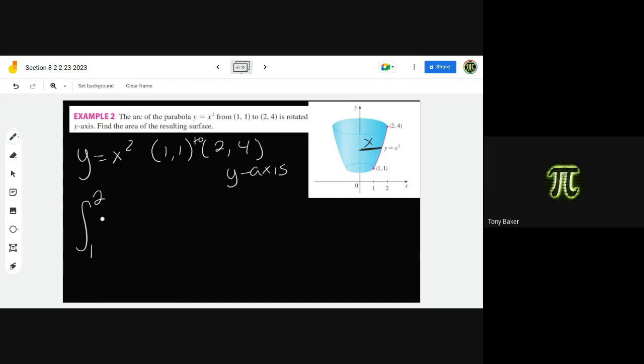So my formula is going to be 2 pi, my radius is x, and then it's the square root of 1 plus, and it's still y prime. So if y is x squared, y prime is 2x. So it's 2x squared.